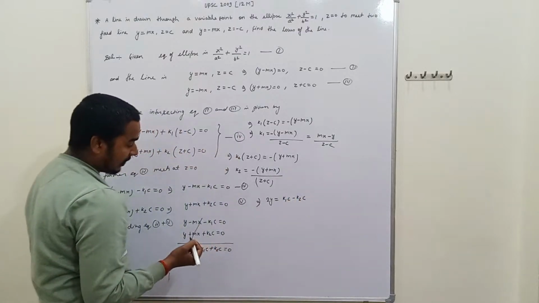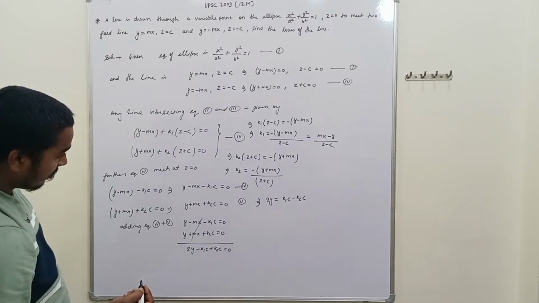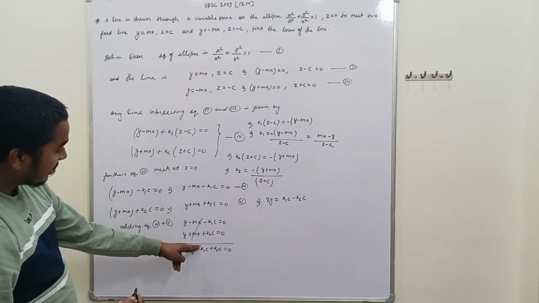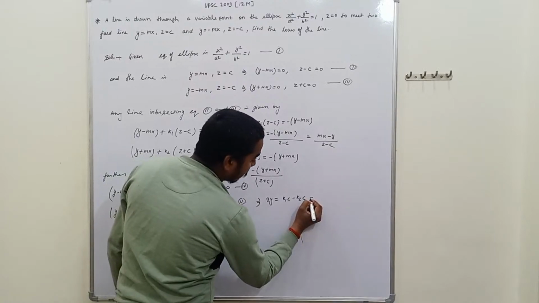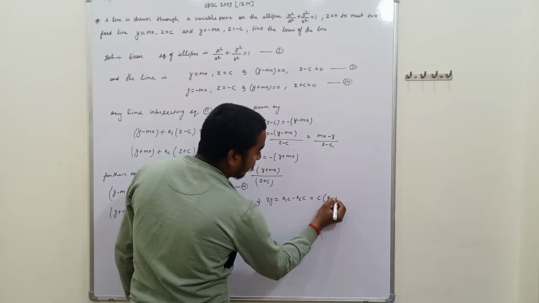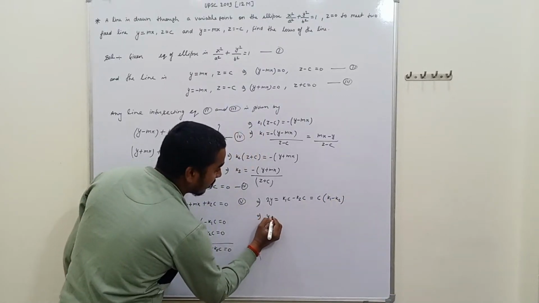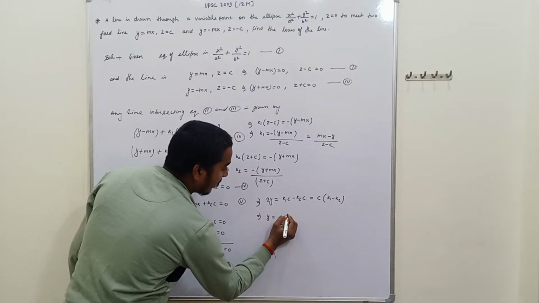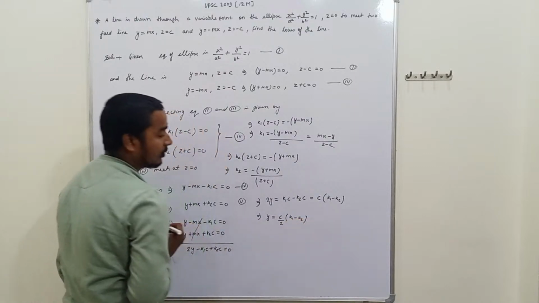And from here, once again, mx is cancelled out. Then we can also write, taking c common, 2y is c times k1 minus k2, and this is y is equal to c by 2 times k1 minus k2.